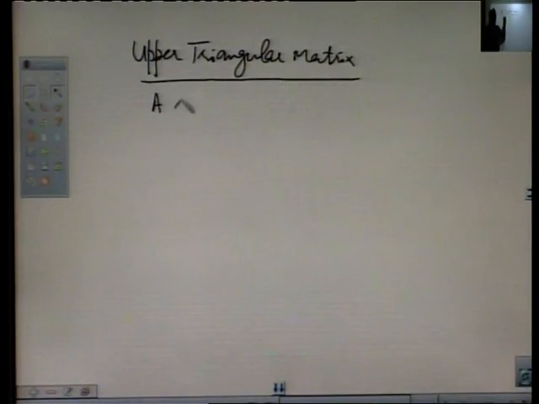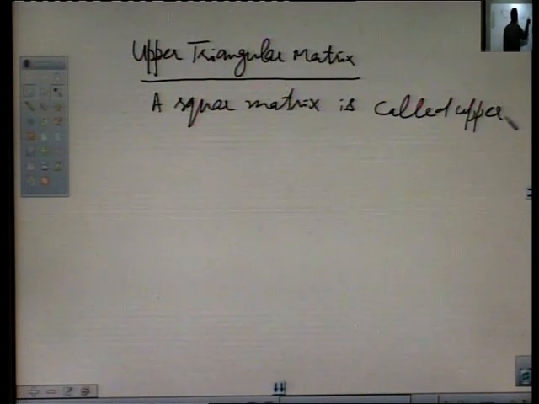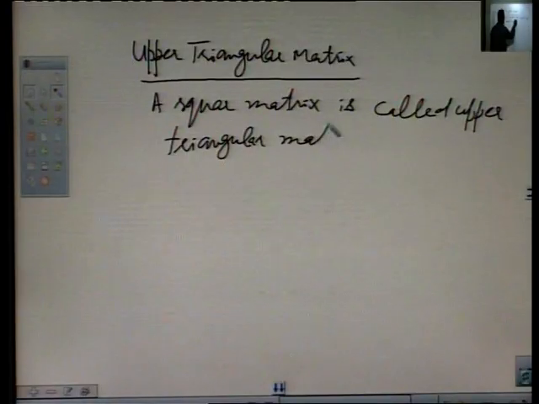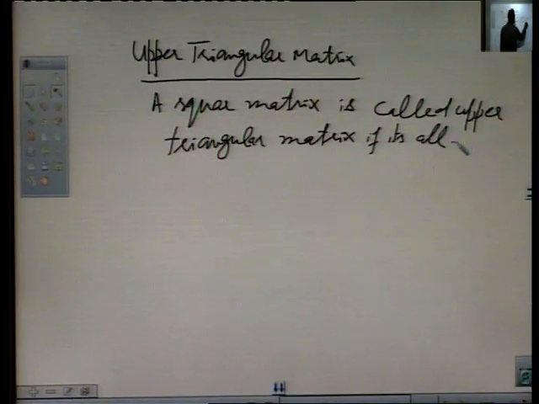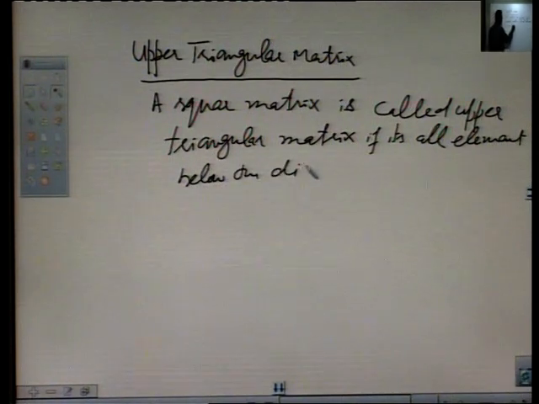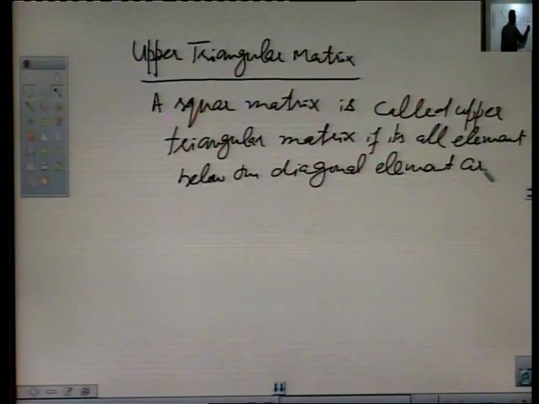A square matrix is called an upper triangular matrix if all its elements below the diagonal elements are 0.